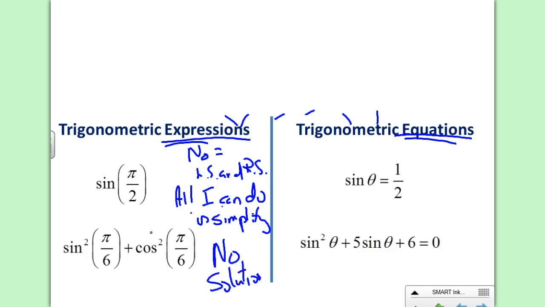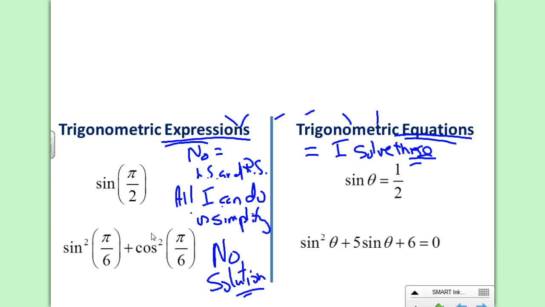There's no solution to an expression. You can simplify and write an answer to it, but it's not like there's a variable there that you're solving for. Whereas equations, they do have an equal sign, and I solve these.